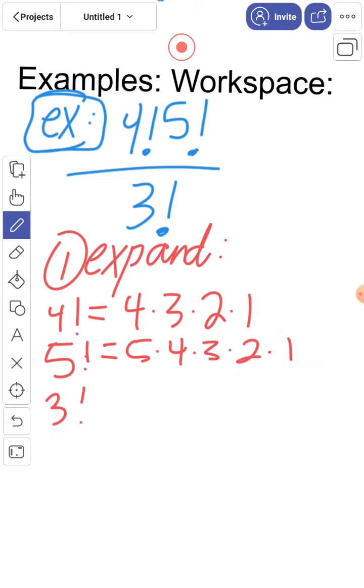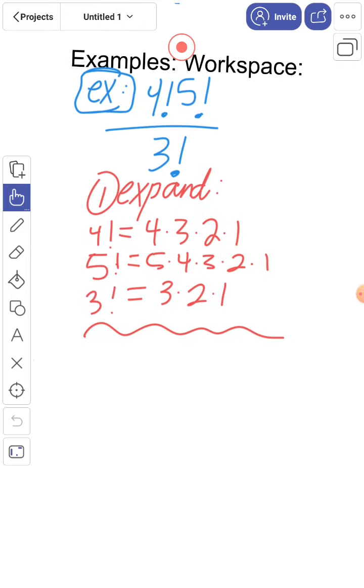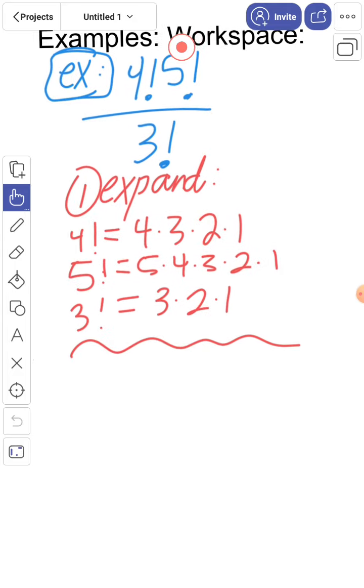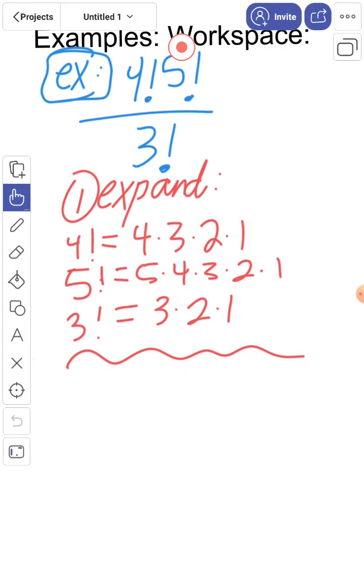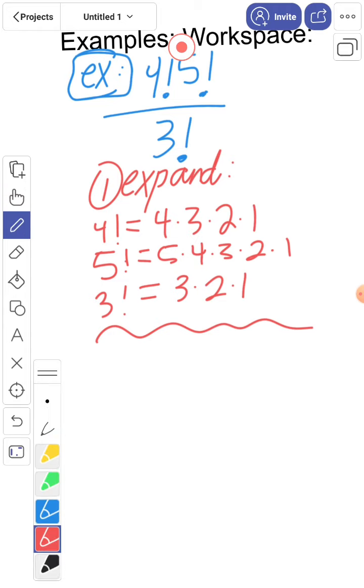And then 3 factorial is equal to 3 times 2 times 1, right? And so now we're going to write them all side by side. And then I'll show you what I mean by simplifying.